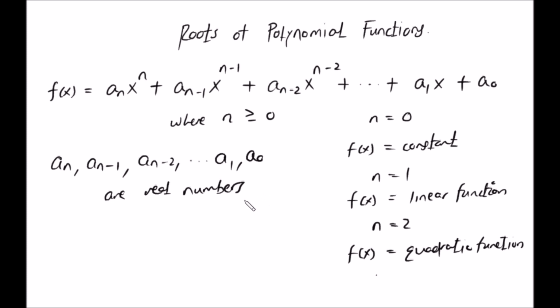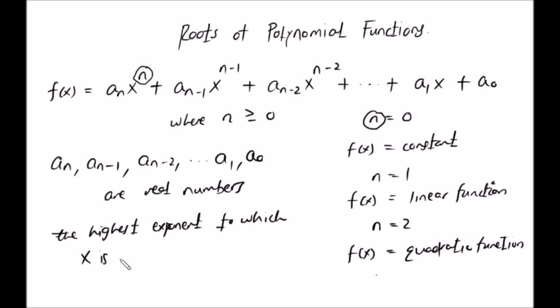Sasa the highest exponent to which x is raised ambayo ni n. Sasa hii hapa, the highest exponent to which x is raised determines the degree of the polynomial function.